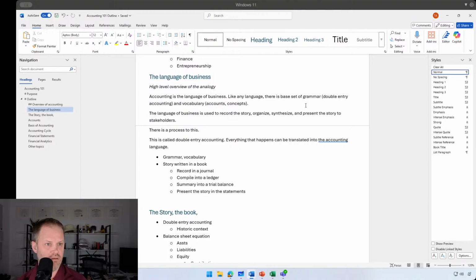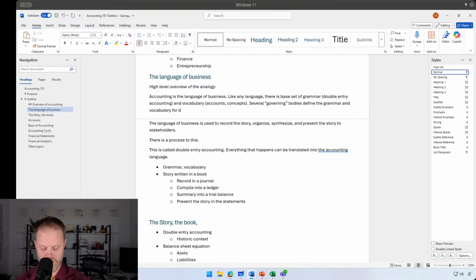Seems like this is where you could also reference several governing, quote unquote, bodies define the grammar and vocabulary for different dialects of accounting.